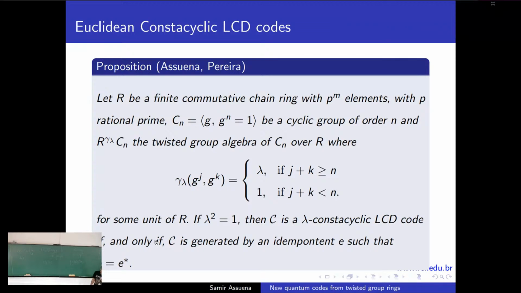So we can use this result. Again, this property has to be considered. So we have the classical involution, and we can give a very nice characterization of the LCD codes using twisted group ring structure.